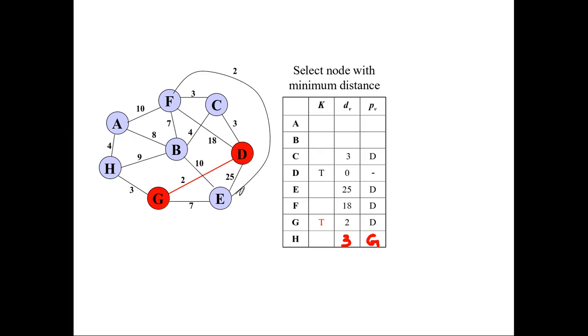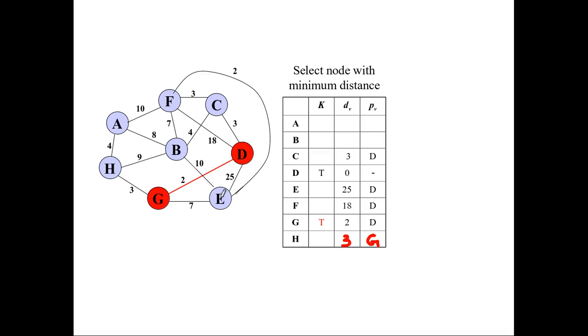Okay, but here what has happened, previously when I was at D, from D also I can reach the vertex or the node E using the cost 25. If I take the path via D, I'll require 25 units, that is the weight associated is 25, and if I take the path via G, the weight associated is 7, and E is not visited.